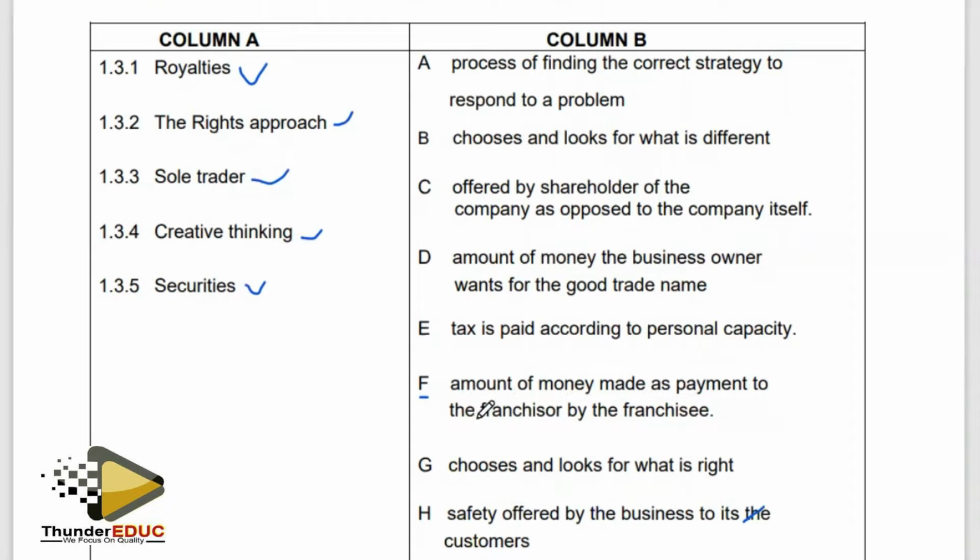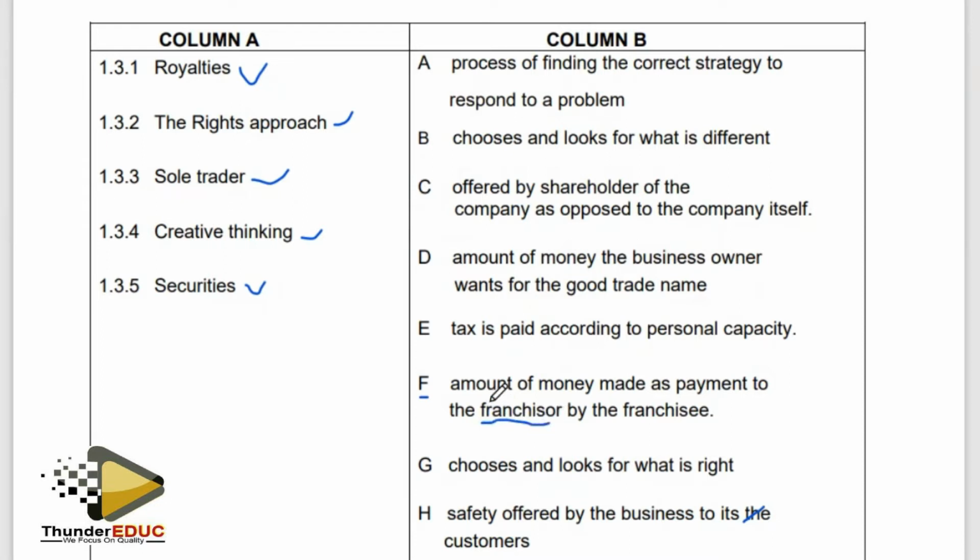Okay, I want to remind you once again that when we want to use a business image, a business skill, a business name, we are supposed to pay a fee to the person who has that right, who is the franchisor.